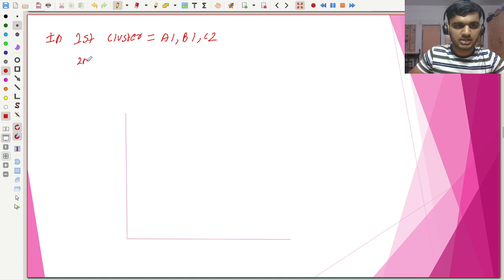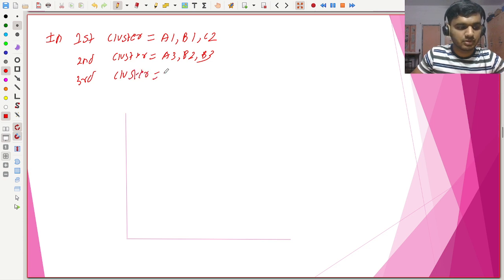And for the second cluster, the points present are A3, B2, B3. And for the third cluster, the points present are C1, A2.